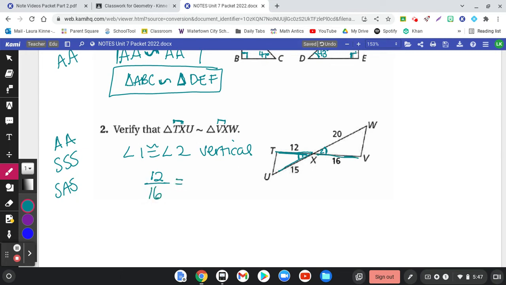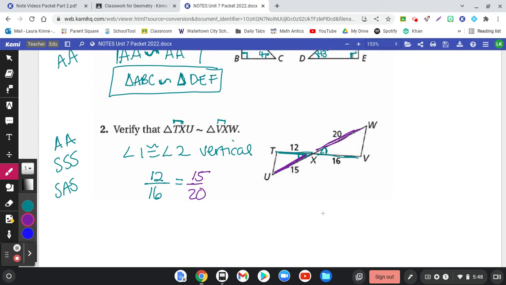And we want to see if that simplifies to the same thing as, since I started with 12, I get to start with 15 over 20. And again, if you look, 15 is side UX, the last two letters, so it corresponds with XW, which is 20.